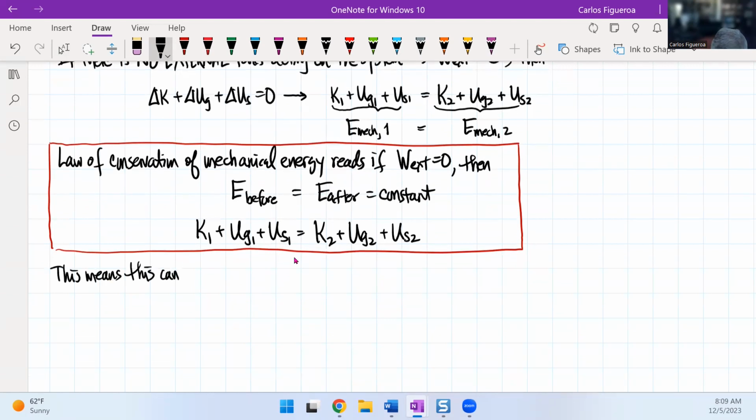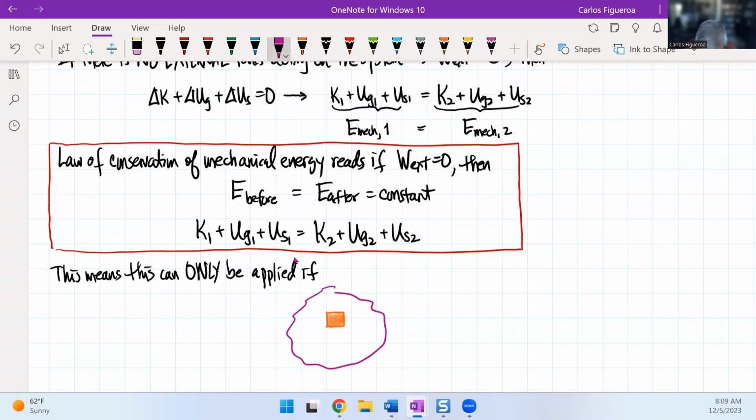This can only be applied if, in my system, there can only be two forces, because the force of gravity has the ability to produce a potential function.